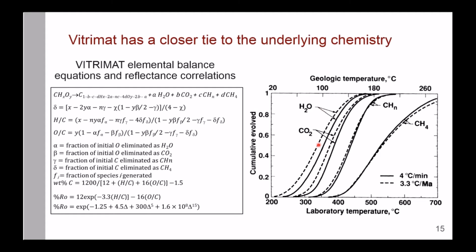Because these have lower activation energies, there's a separation of the two in terms of how they relate to each other. In other words, what I'm trying to say is that the geologic elimination of material comes over a wider range than does the laboratory.